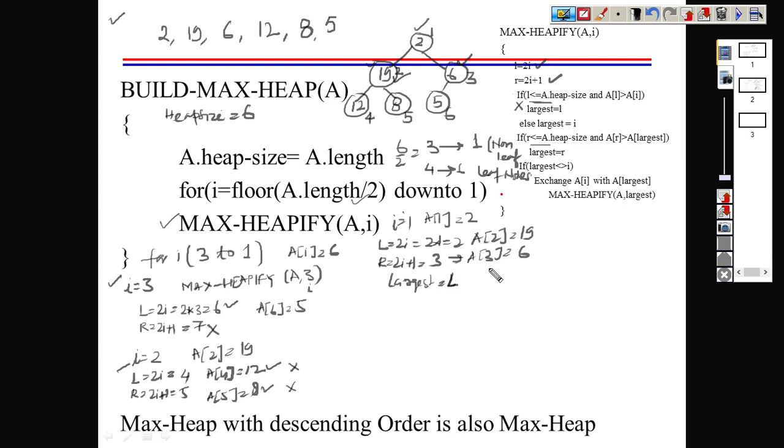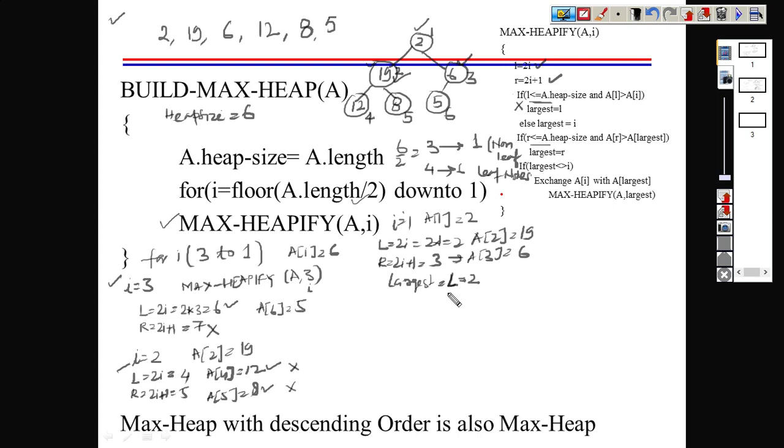Then you will move to the second condition. Does the right child exist? Yes, the right child exists because 3 is less than 6. But then you will compare: is the value stored at the right child, that is at this index, which is 6, more than the value stored at the index largest?